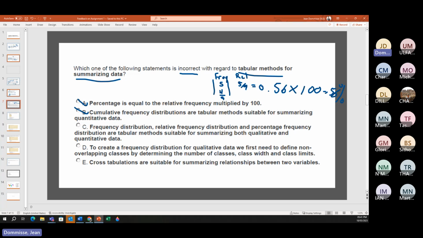The next option asks us, when you're looking at frequency distribution, relative frequency distribution, and percentage frequency distribution, are they basically methods of summarizing both qualitative and quantitative data?